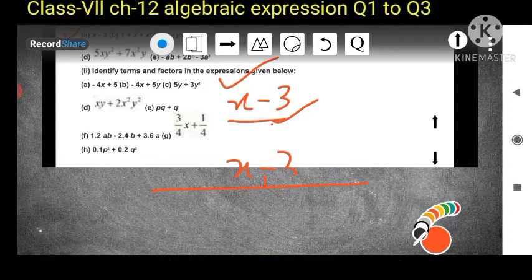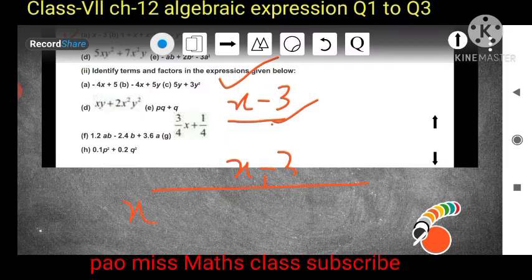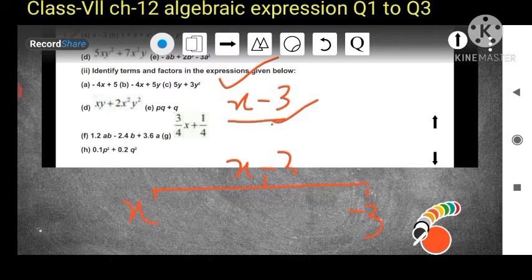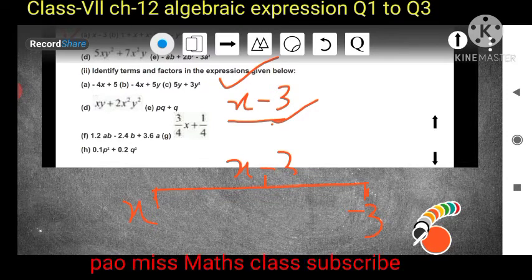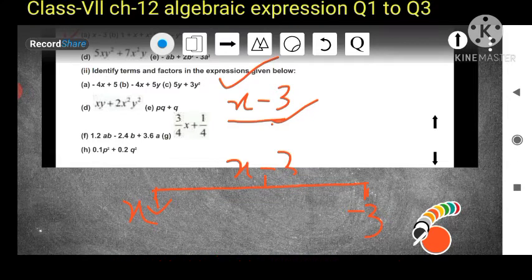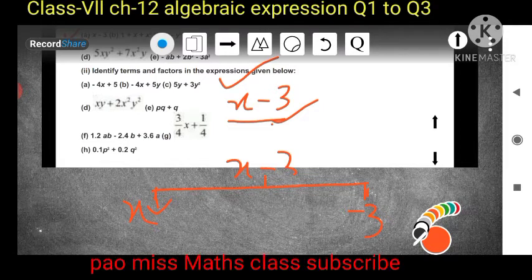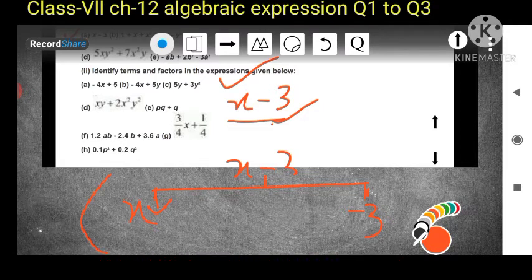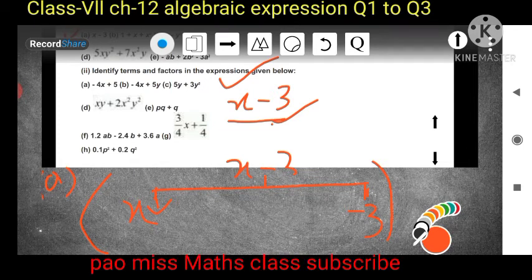X minus 3 is separated into two terms: x here, and here it will be minus 3. Now these are the factors. Again for minus 3, what is the factor of minus 3? Minus 3 factor will be minus 3 itself, okay. So in this way you will draw the factor tree. This is the answer for the first question, A.